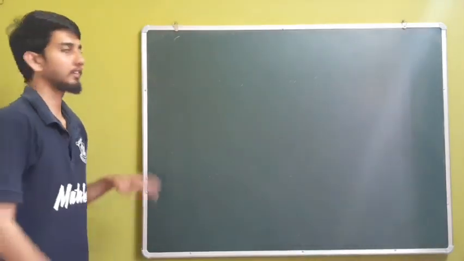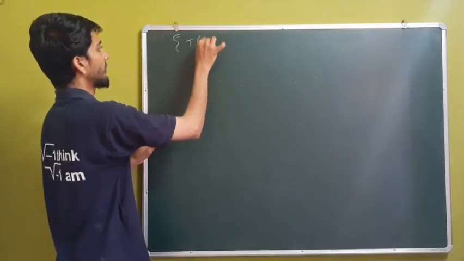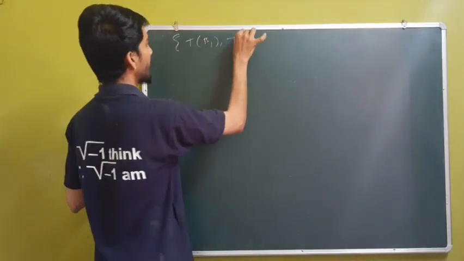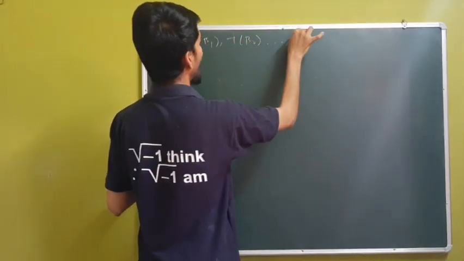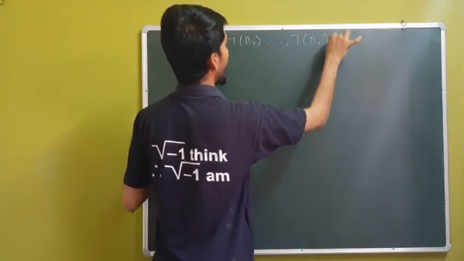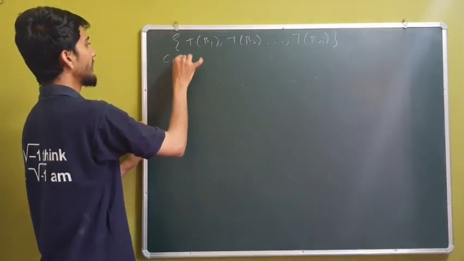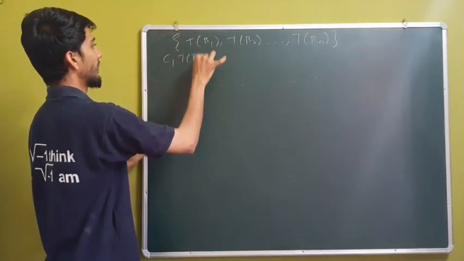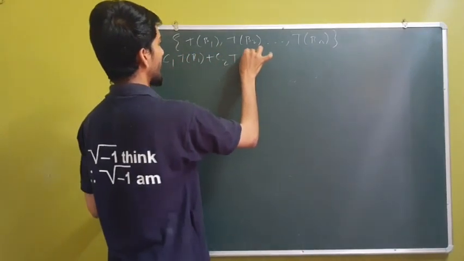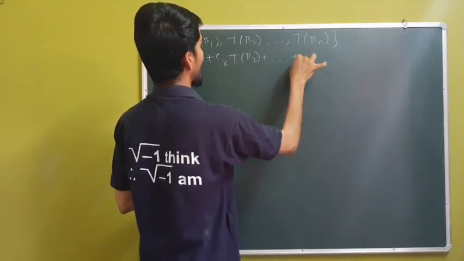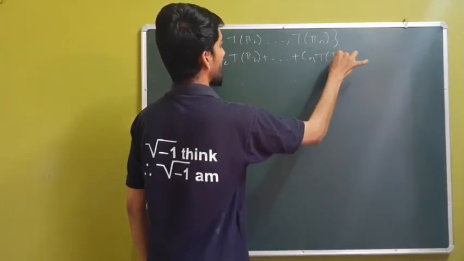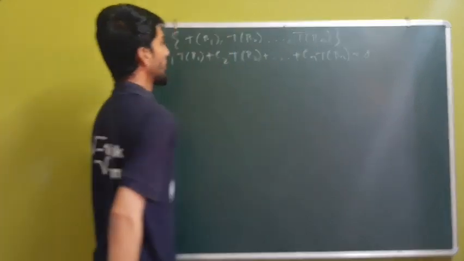Now the only thing left to prove is to show that the set T(beta 1), T(beta 2) and so on up to T(beta n) is linearly independent. So I will consider a linear combination of these elements and equate it to 0.